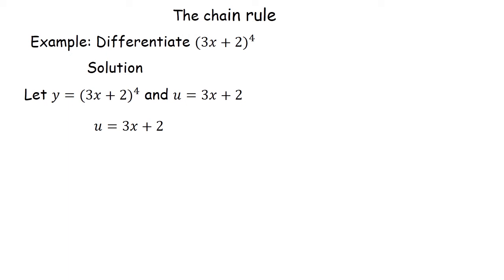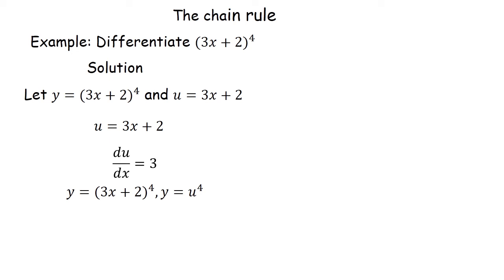So we are going to begin by considering the u. So u is that. And then after that, we find du/dx. On finding du/dx, this becomes a 3 because it has a power 1 here. So when we pre-multiply and subtract the power, we remain with only 3. And now our y, which is (3x + 2) to power 4, is going to change, since the inside part is now u.